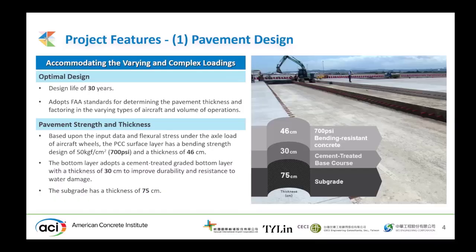The layer below the surface layer is a cement treated grade bottom layer. Thickness is 30 centimeters. These are all designed to improve the durability and resistance to water damage.